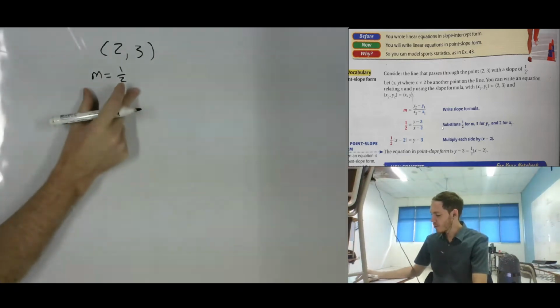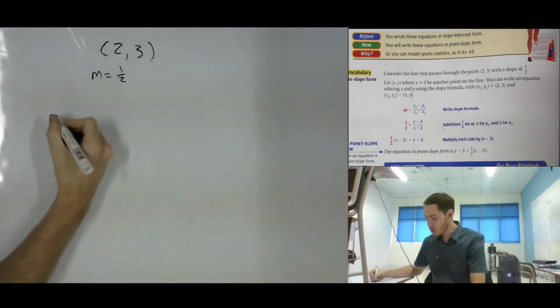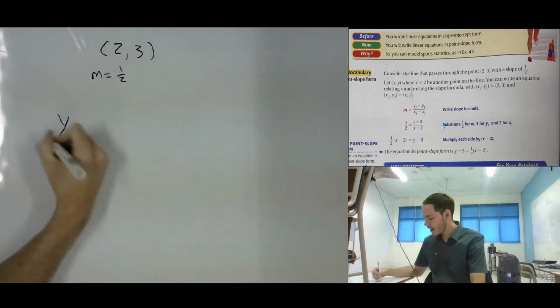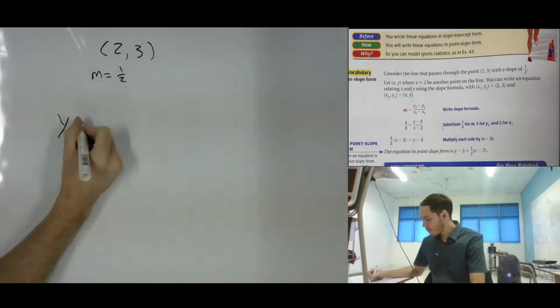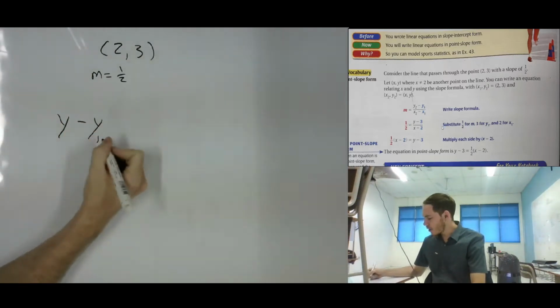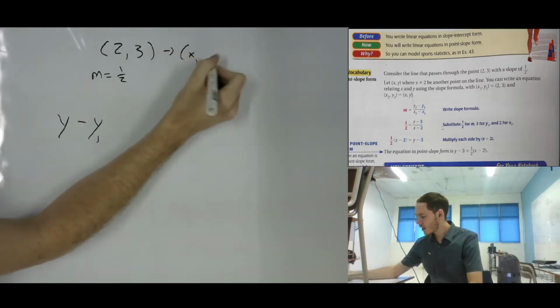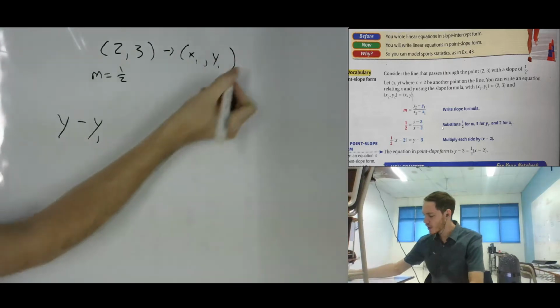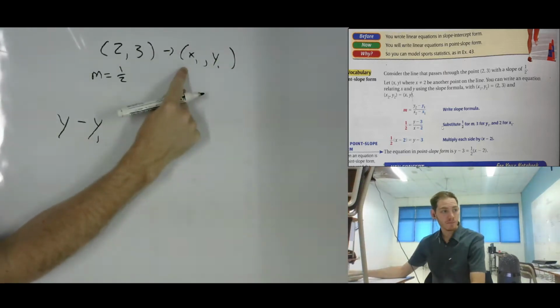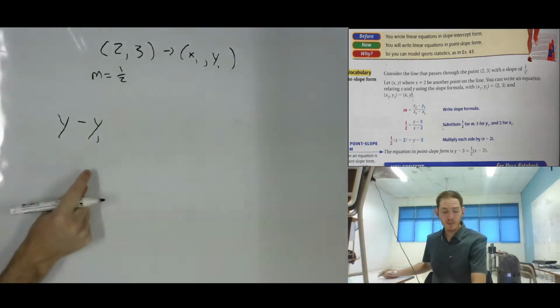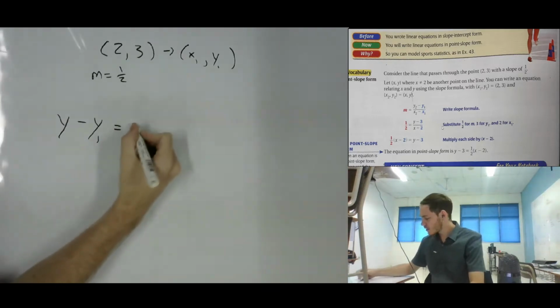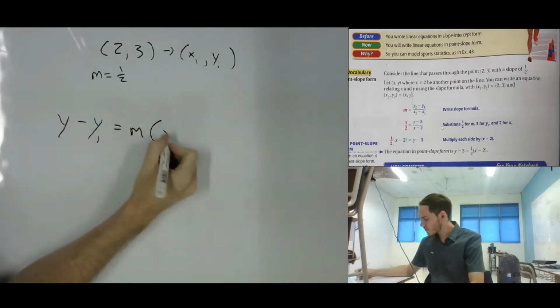So point slope, you're going to leave your y as its variable, but we're going to plug in our point, which is (x1, y1). So you're going to substitute, plug this in for the y1 and the x1.